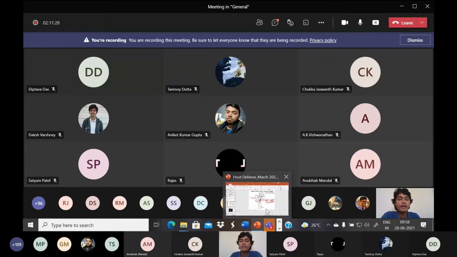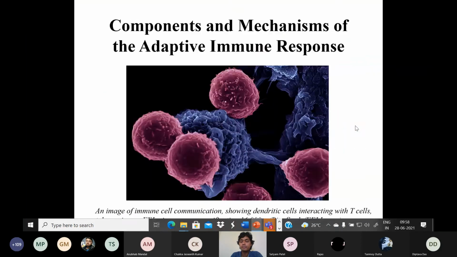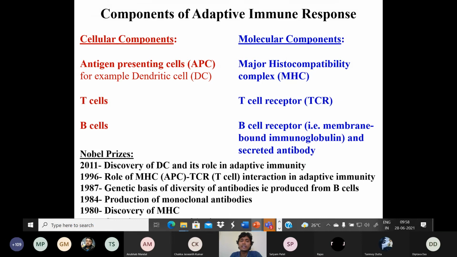So now if we go back here again, so all these things, that antigen presenting cell, major histocompatibility complex, I discussed already. Only thing I would like to mention here, this MHC, this is so important about, like, see how many Nobel Prize you can see: 2011, 96, 87, 84, 80, all related to this MHC and its interaction to T cell and the production of antibody.